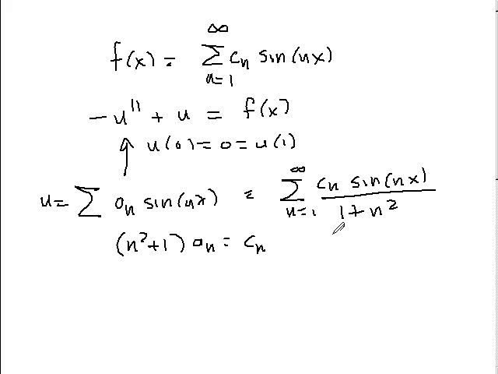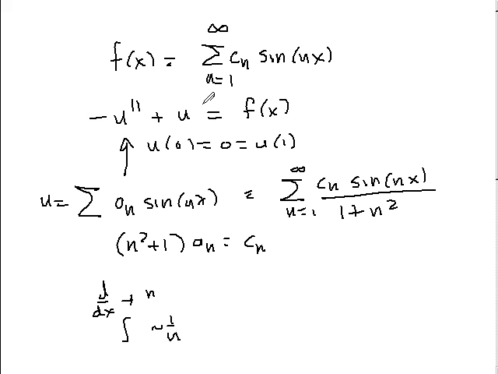And so what's happening in here, remember, roughly speaking, when you differentiate a series, you pull out an n, and when you integrate a series, you pull out something like a 1 over n. So this is like 2 integrals of the series, and when you integrate something twice, you give it 2 extra degrees of smoothness. So if f, for example, is just continuous, how smooth should u be?